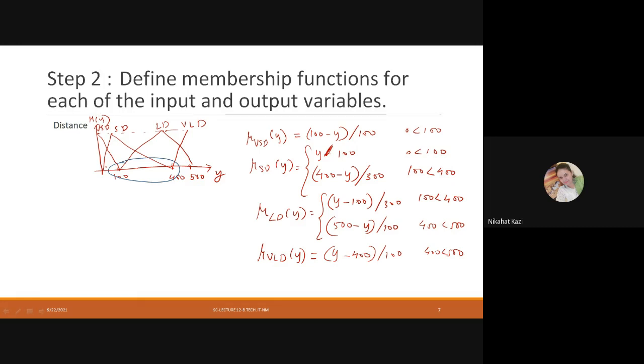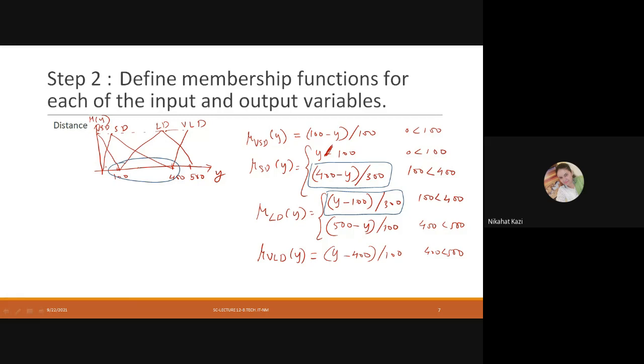So when distance is 110, from short distance you're going to use this one, and for long distance you're going to use this one, right? Is this clear? Use these two functions to find the membership value for distance.